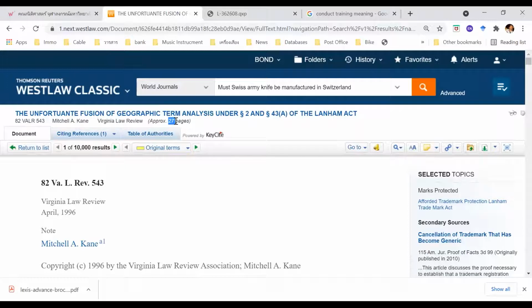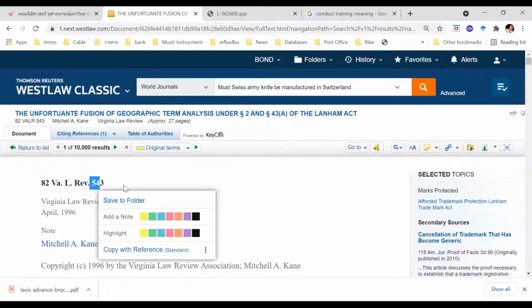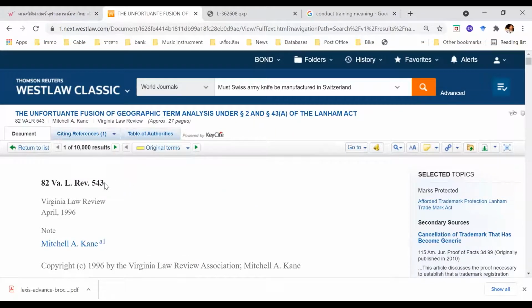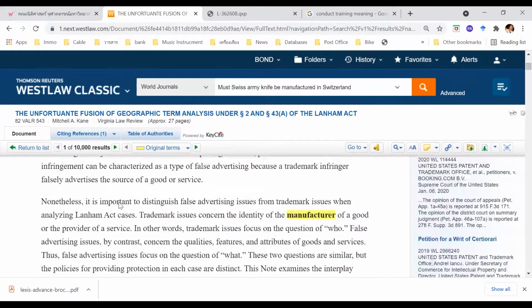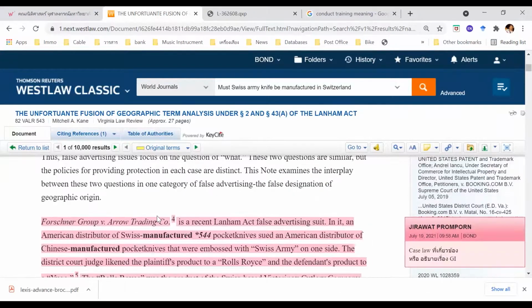What's the page number where I cite this sentence or these articles? Westlaw will guide you. The first page starts at 543. The next page should be 544. You just follow me.